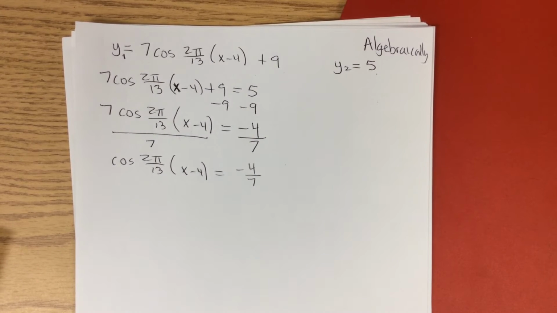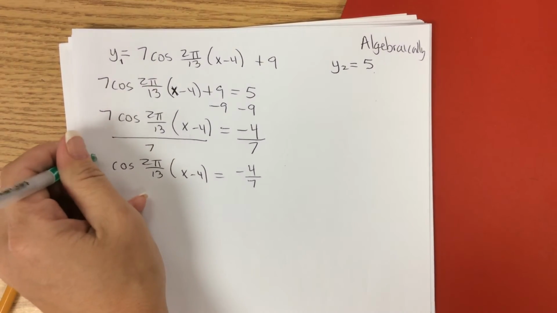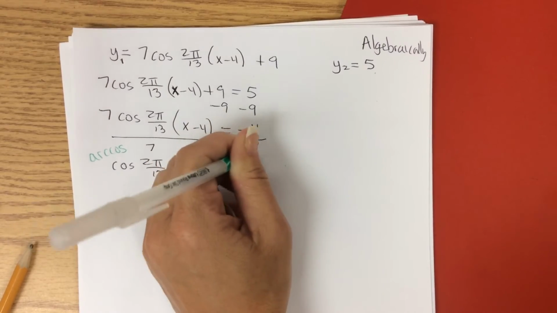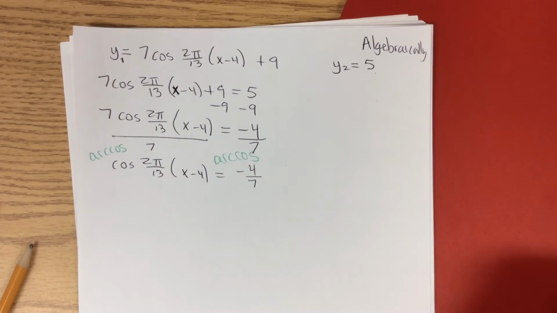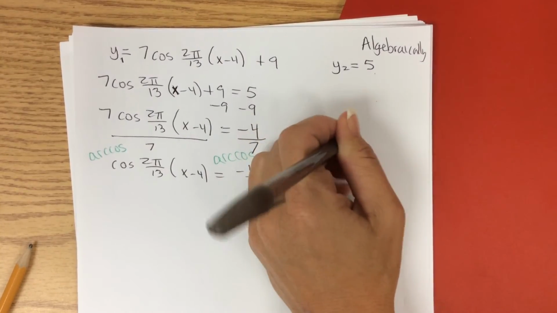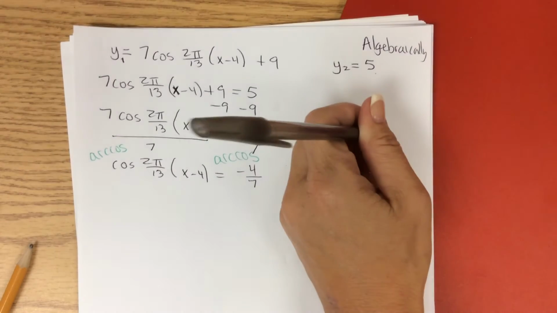What do we want to undo now? Cosine. The way that we undo cosine is with arc cosine. And the formula for arc cosine of x is plus or minus what?